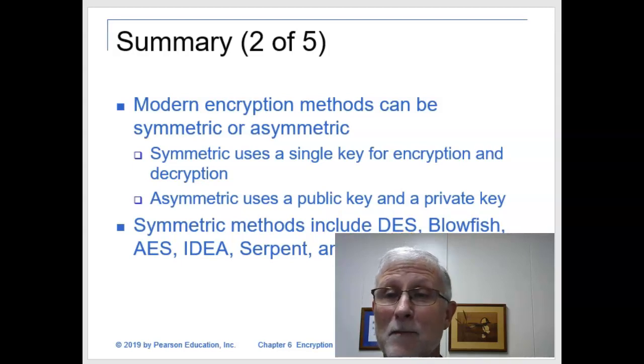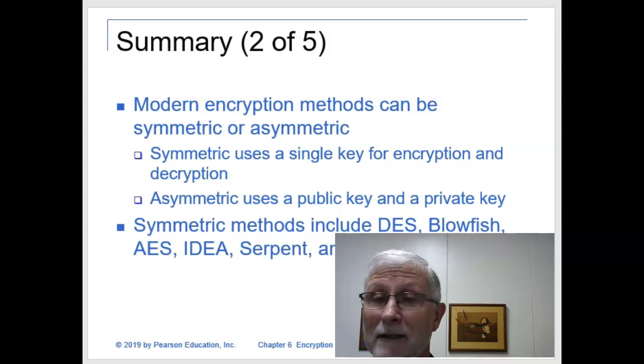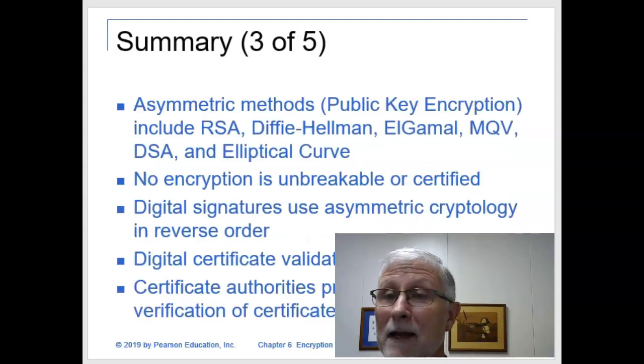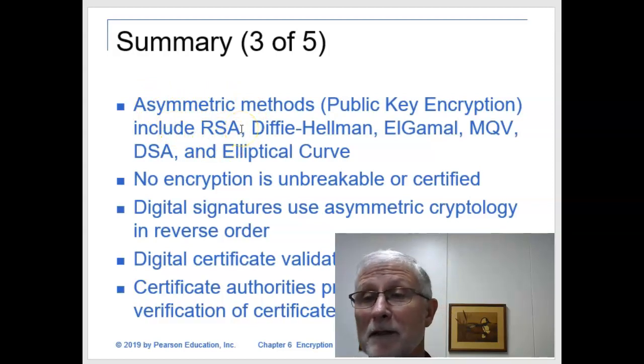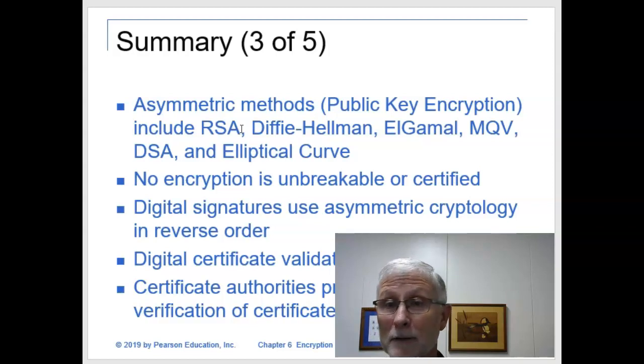We can be symmetric or asymmetric, whether it's a single key or a public and private key. Of the symmetric ones, DES and AES are probably the ones used the most. For asymmetric, RSA is probably the one the public can remember. Remember that no encryption is unbreakable.